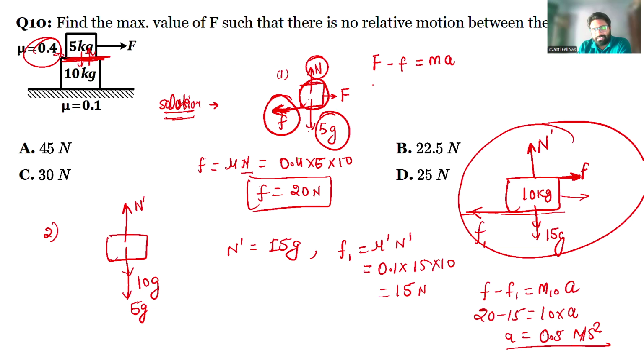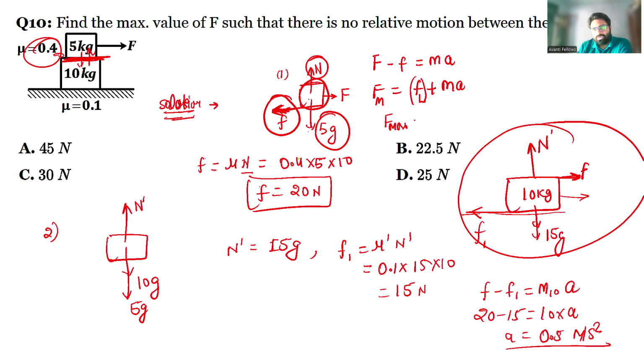Mass into acceleration. Now this equation you can write like this. This friction can have a maximum value as limiting friction. So if this particular frictional force is having its maximum value, then this force is also having the maximum value.